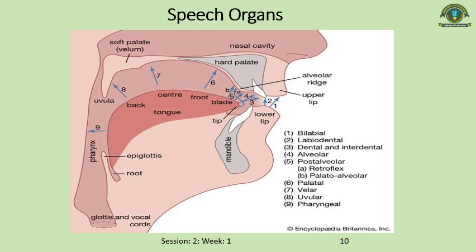Then 2 subclasses, retroflex and palato-alveolar. Then palatal, velar, uvular, and pharyngeal. Bilabial, labiodental, dental and interdental, alveolar, post-alveolar, with post-alveolar we have got retroflex and palato-alveolar, then palatal, velar, uvular, pharyngeal.